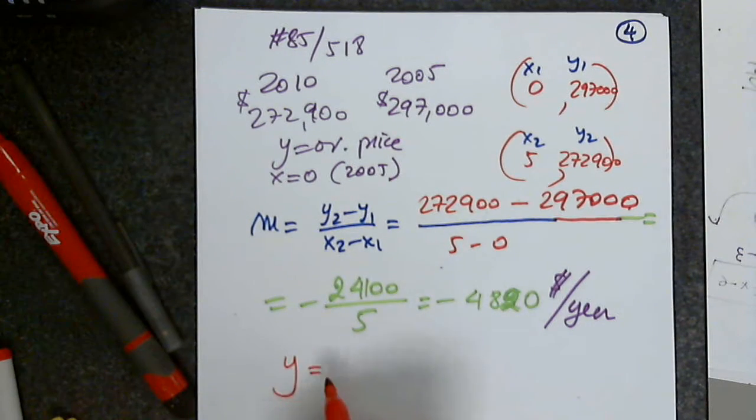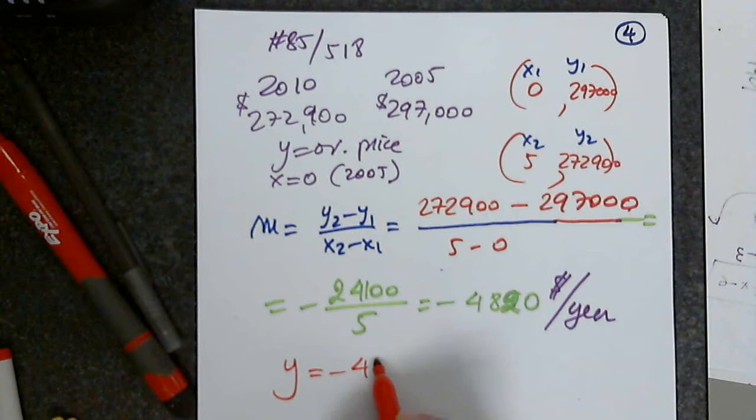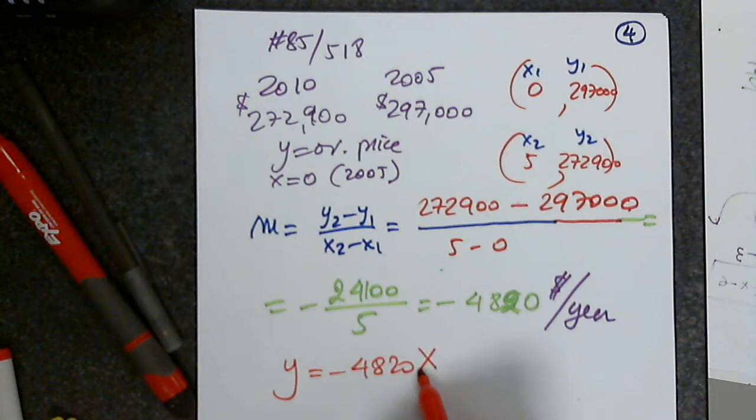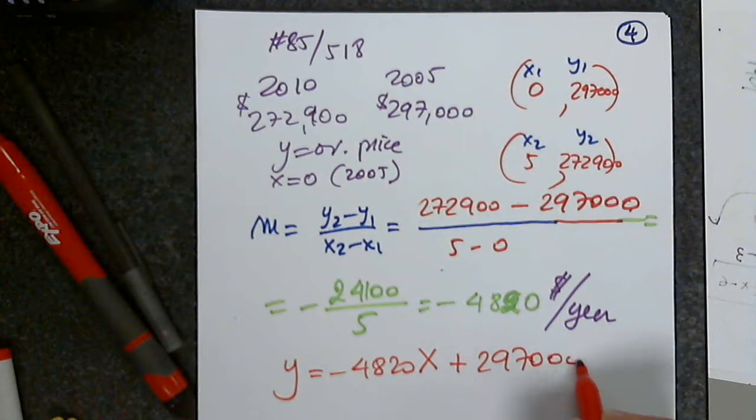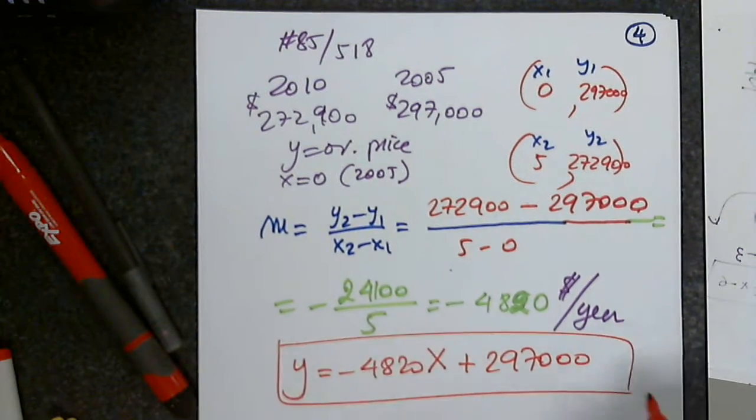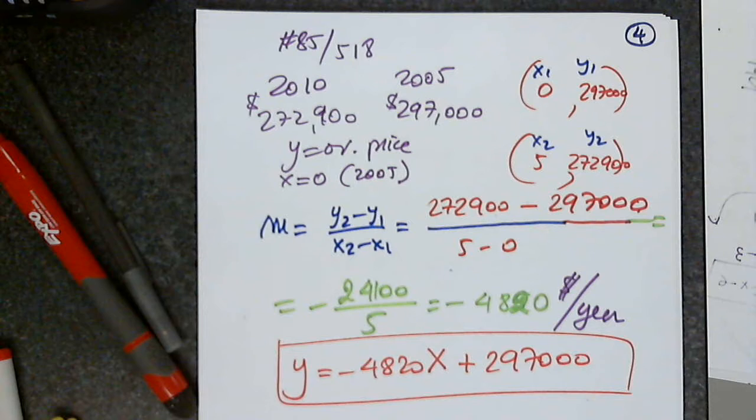Y equals negative 4820 X plus 287,000. Very good. See what a little bit of my lab class does? Yes. Good. I'm impressed too.